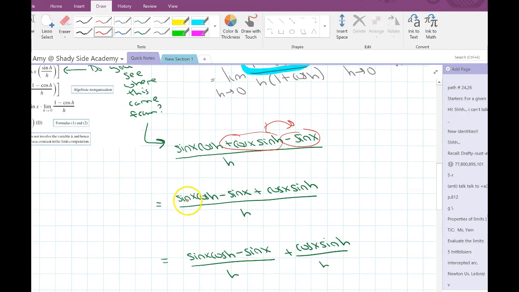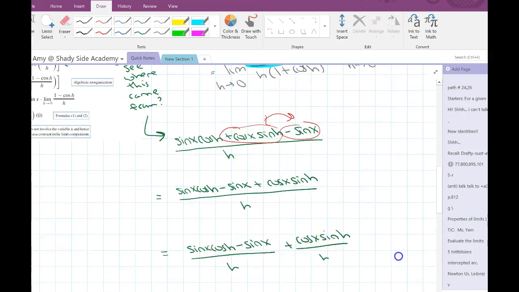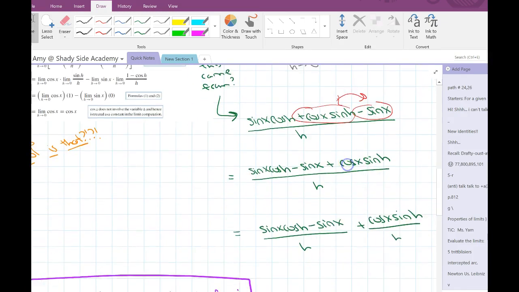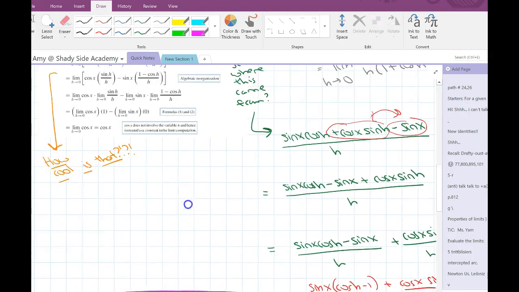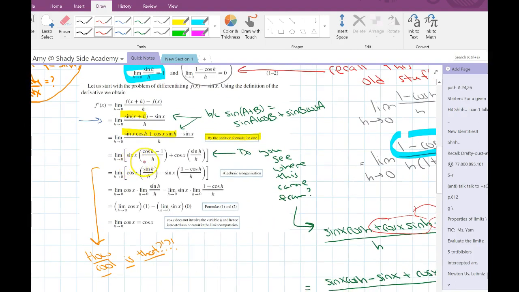And then in the first two terms, sine x, they took these two terms all over h, plus then this last term all over h. So basically they took a single fraction and split the fraction, same denominator, so all good. And then here, sine x was factored out, right? If you factor sine x out, you will have sine x times cos h minus 1 all over h plus cos x sine h all over h, which is this line right here.